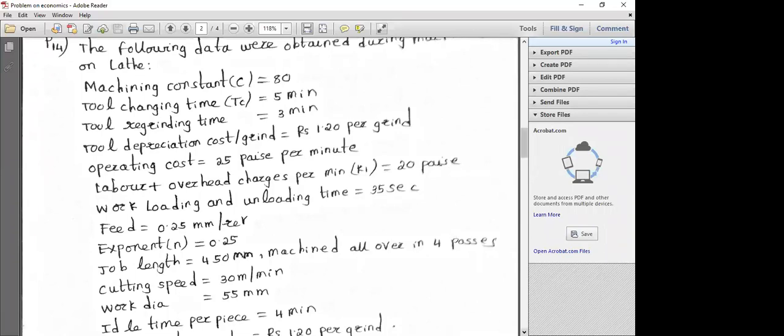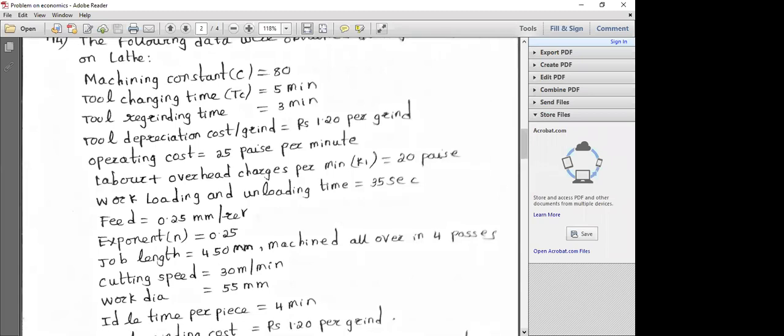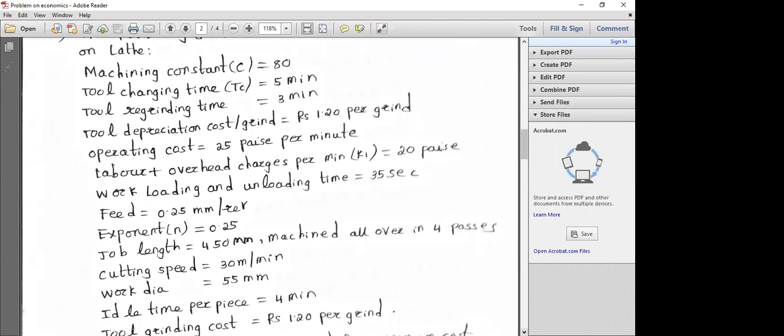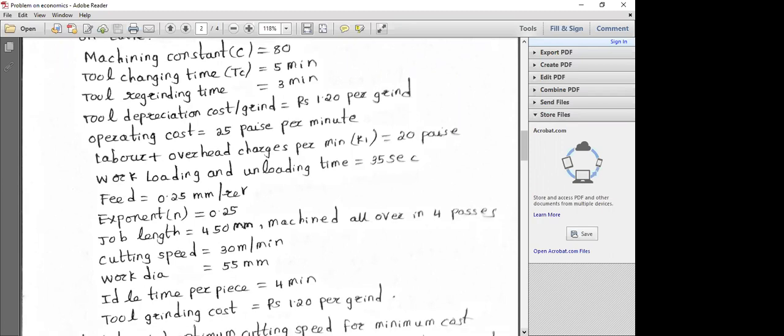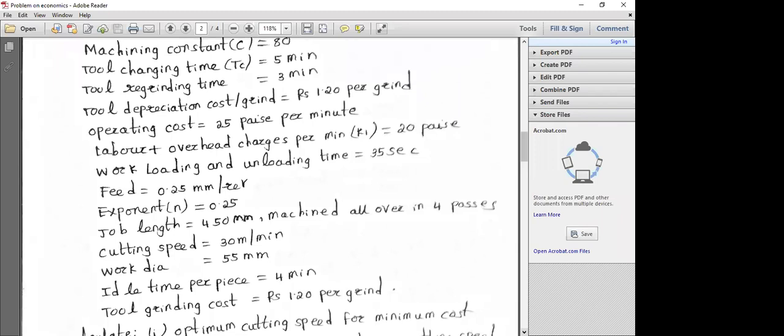That's why 4 is taken, because the machining cannot be done in a single pass for the job. It's like multi-pass machining, or multi-pass welding, because the weld bead cannot be formed in one pass, so there may be more than one pass.